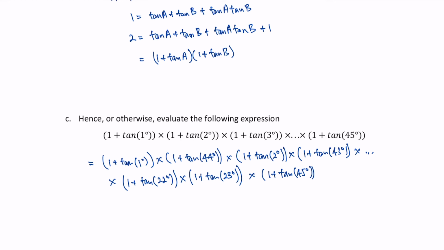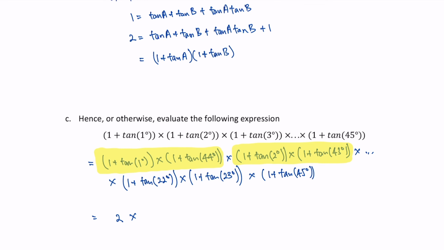Now, we know that if A plus B is pi on 4, then 1 plus tan A times 1 plus tan B will equal 2. So we've got 2 times, so this section here will equal 2, and this section here will equal 2.